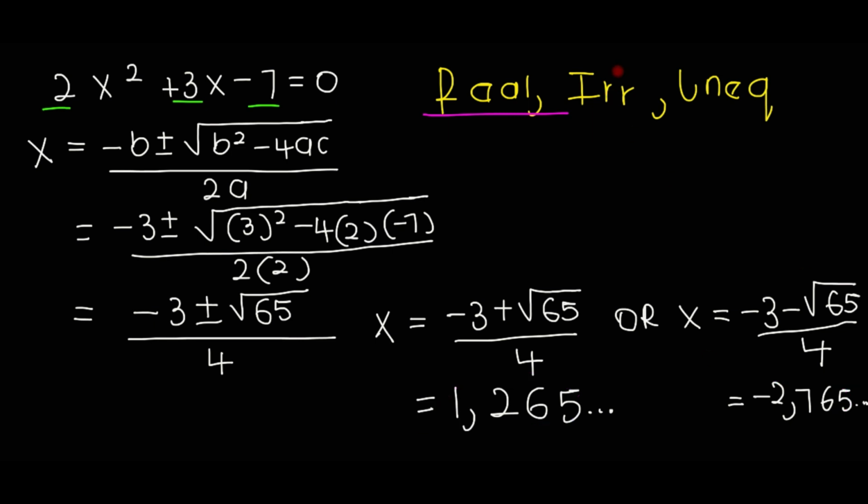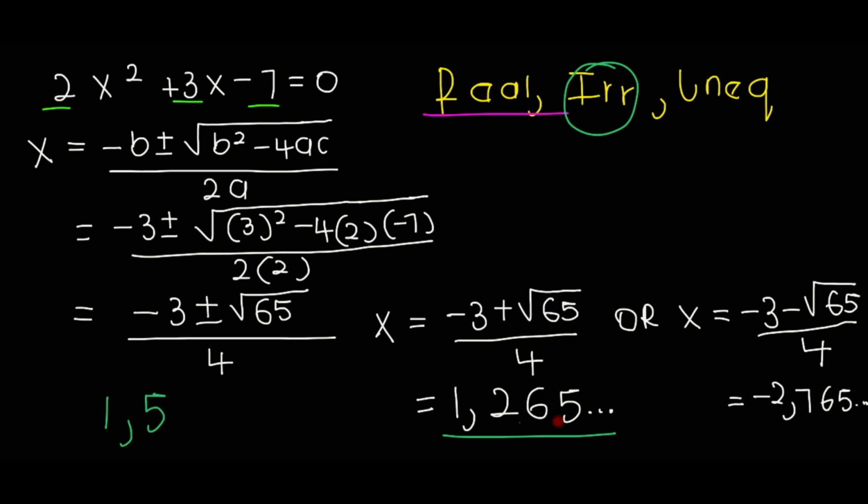And then why are we saying it's irrational? It's irrational because you can see that 1.265 is irrational. Remember, irrational is the opposite of rational. Irrational numbers have non-terminating decimals. You can see that this decimal does not end, unlike something like 1.5.